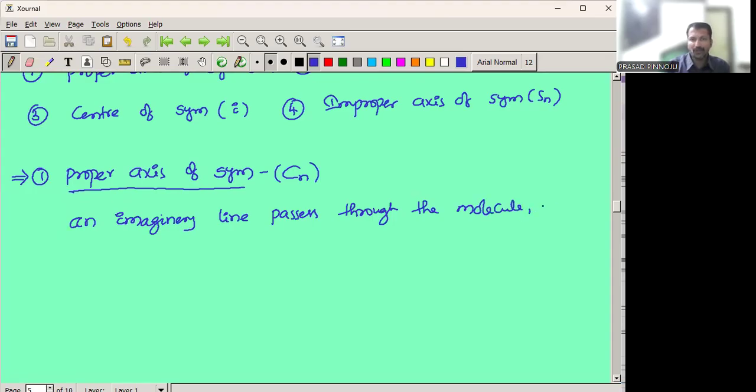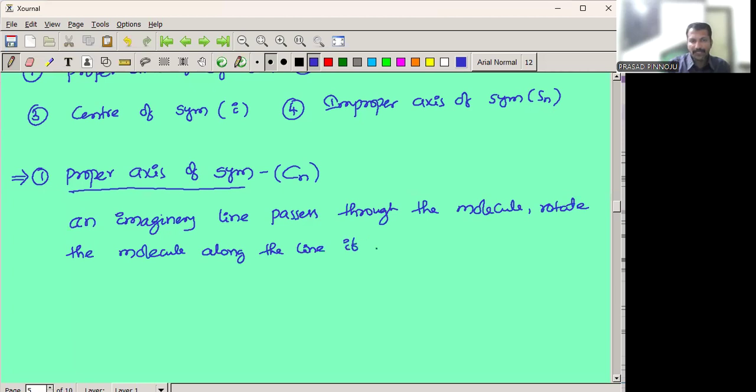Now I am going to rotate the molecule along the line.